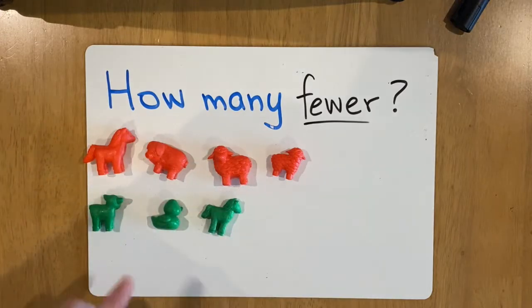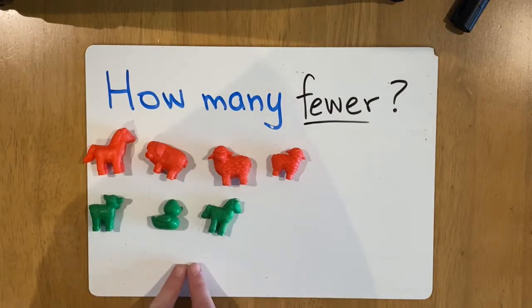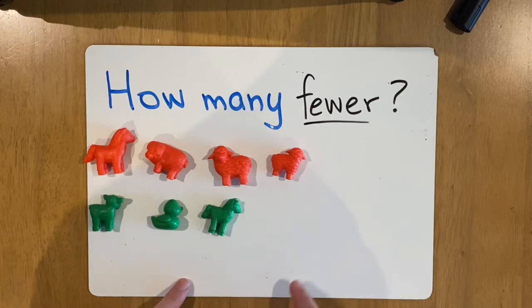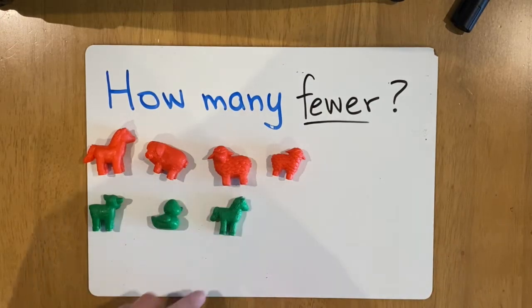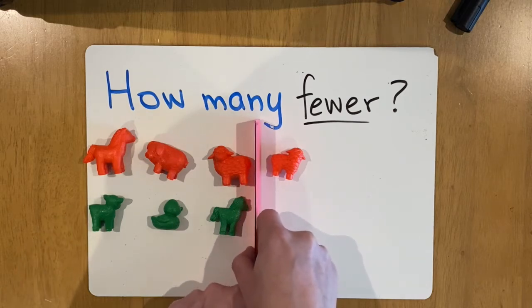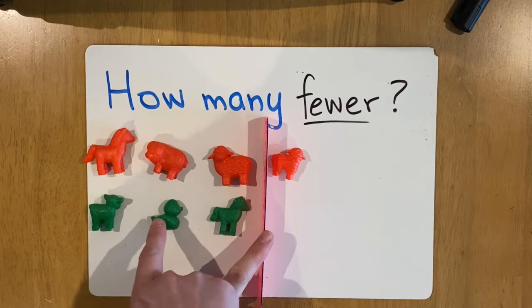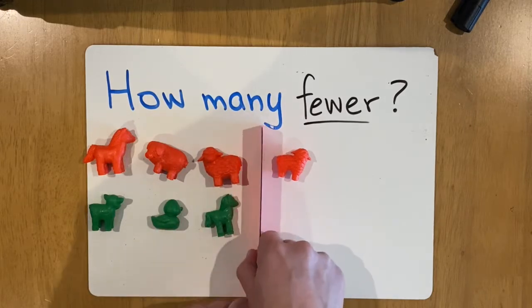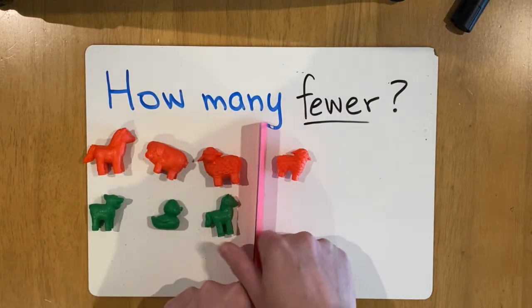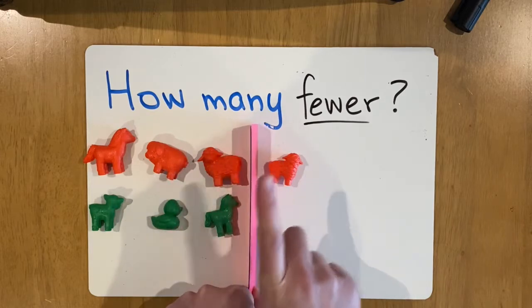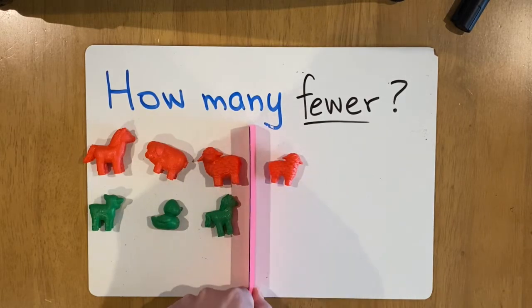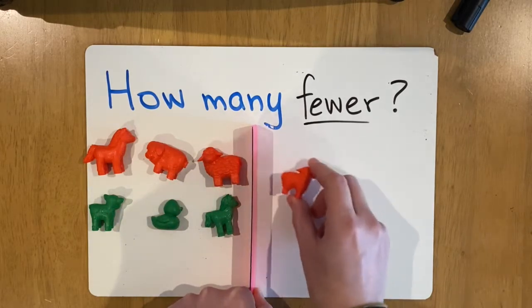So my question is, how many fewer green animals are there? That's saying, what's the difference between the orange ones and the green ones? How many fewer? Chop where it's different. And there are 3 green ones and 4 orange ones. So there is 1 fewer green animal. This is the extra bit.